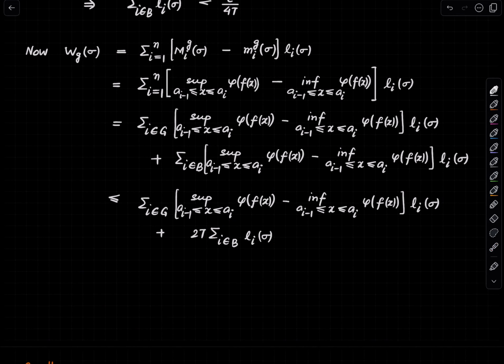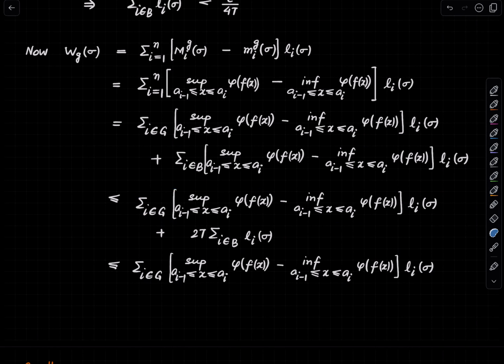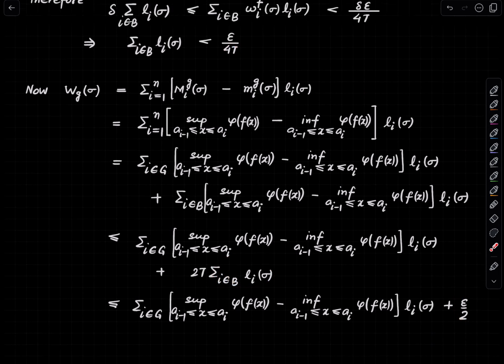So this is less than or equal to, again the first part is verbatim, plus epsilon by 2. Because this much was at most epsilon by 4t, so this whole thing is less than epsilon by 2. This is why I chose 4 times t in the denominator there, or maybe not there, but here.